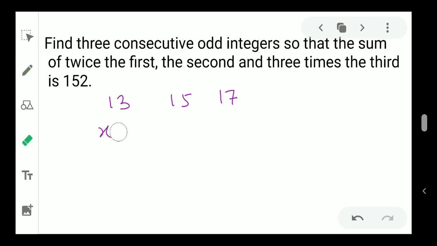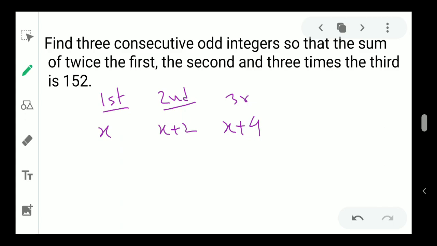If you take the smaller one as x, next one will be x plus 2, this one will be x plus 2 plus 2, that is x plus 4, right? So these will be three numbers, that means variable I have taken. Now this is the first number, this is the second number, and this is the third number.